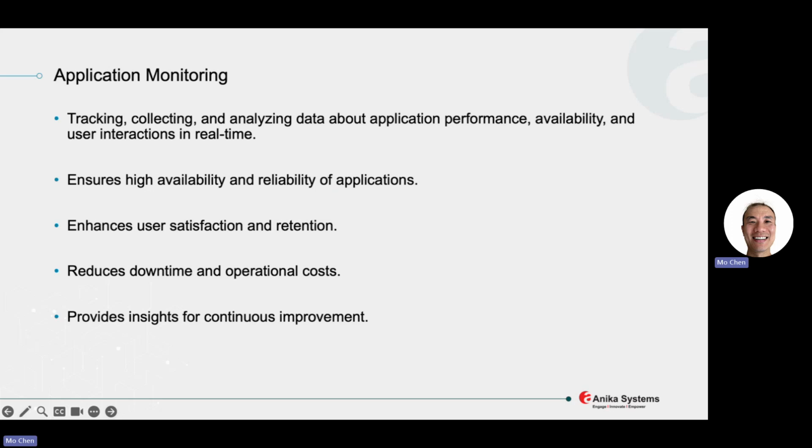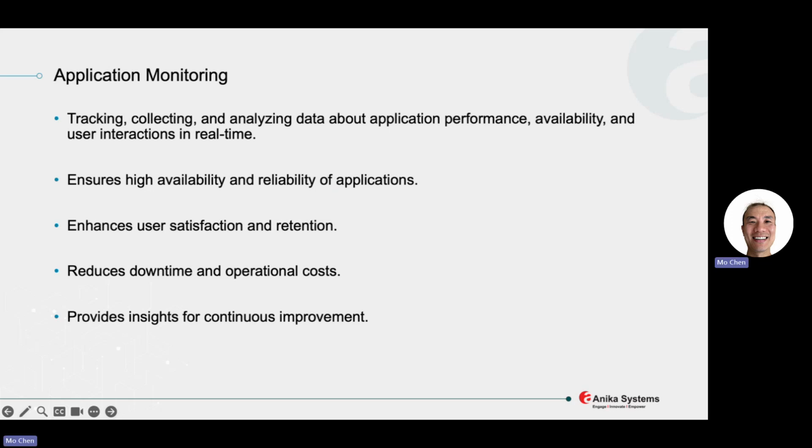It helps us to ensure the high availability and reliability of applications. It enhances user satisfaction and retention. Besides, it also reduces downtime and operational costs and provides insight for continuous improvement.